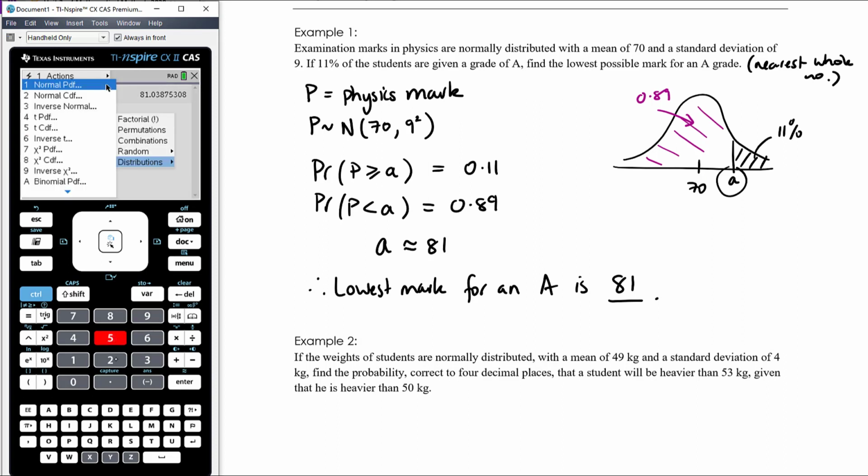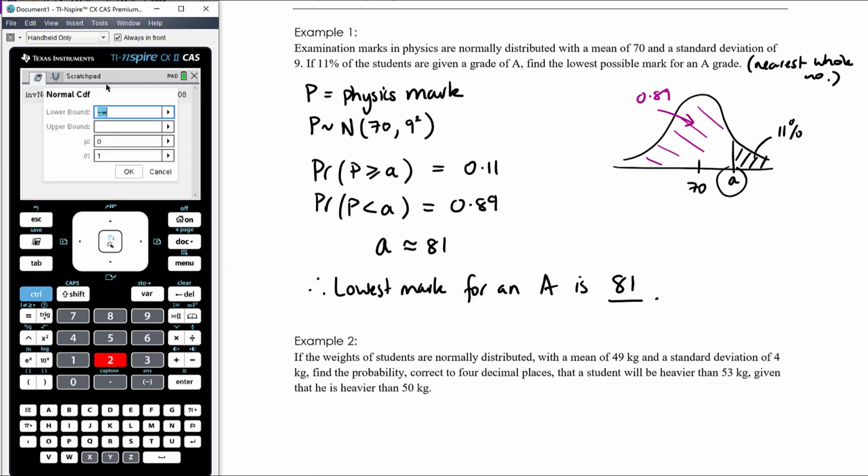Menu 552, so if we did lower bound was 81 and upper bound was infinity, mean of 70 and a standard deviation of 9.